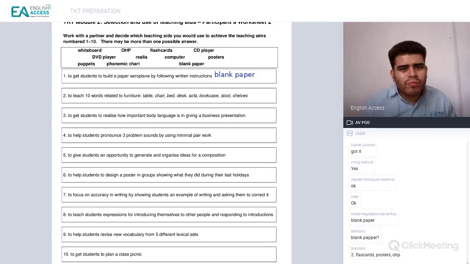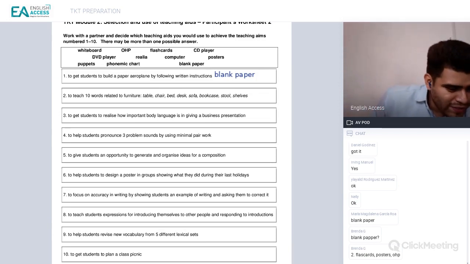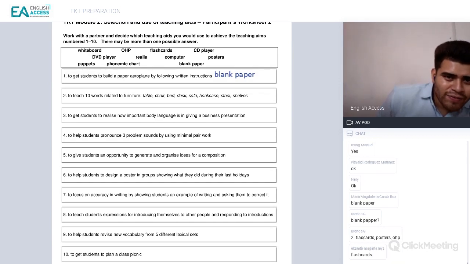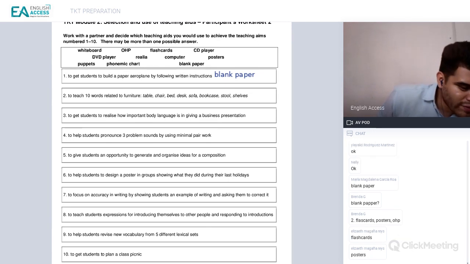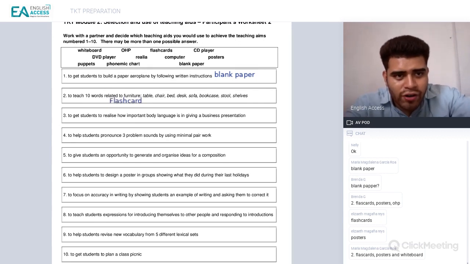All right, let's do number 2 and number 3 together, and then you can do the rest by yourselves. All right, Brenda says flashcards, posters, and OHP. Number 2, to teach 10 words related to furniture: table, chair, bed, desk, sofa, bookcase, stool, and shelves. You said flashcards, definitely realia.